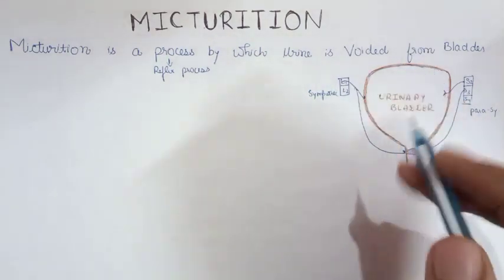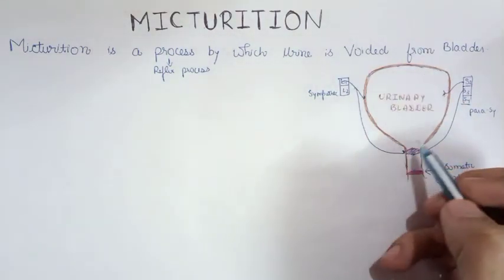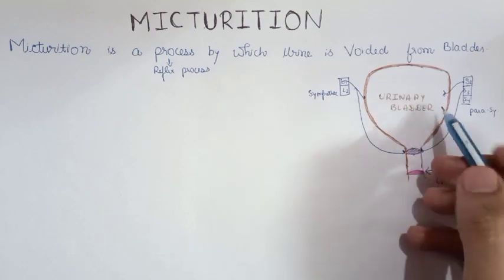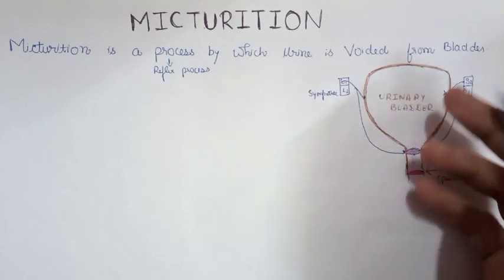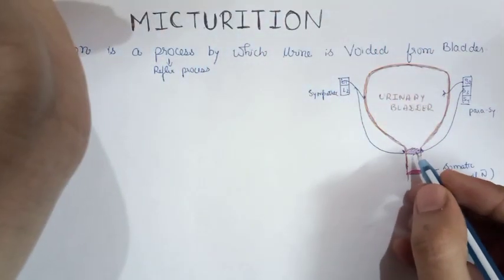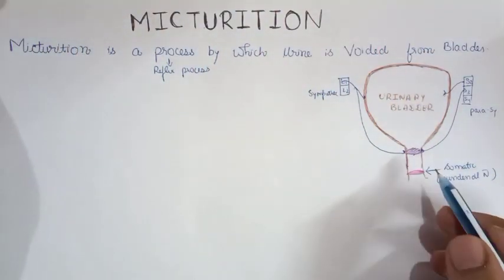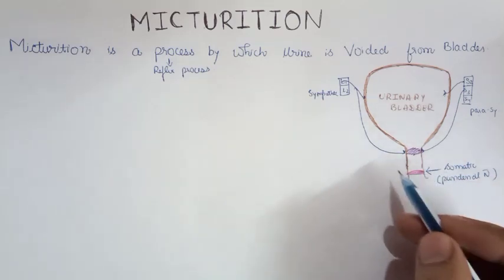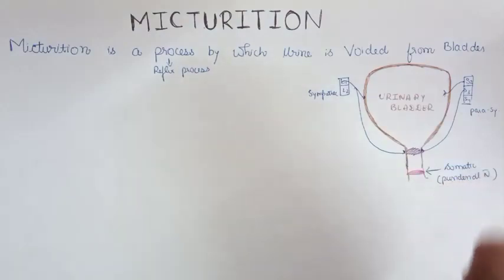For the micturition process to occur, the urinary bladder must contract and both the sphincters must relax. The parasympathetic part does the work of contraction of the detrusor muscle and relaxation of the internal urethral sphincter. The somatic nerve, the pudendal nerve, controls the external urethral sphincter, which is under voluntary control.